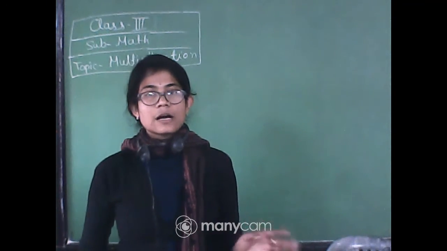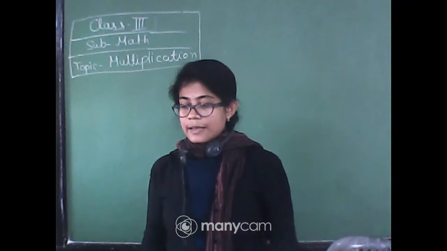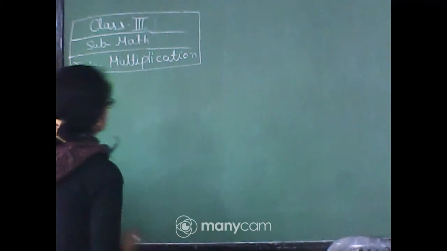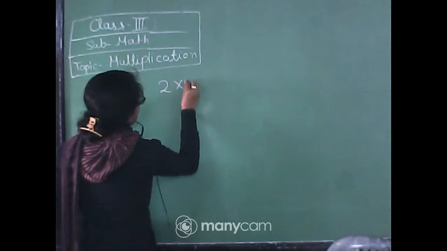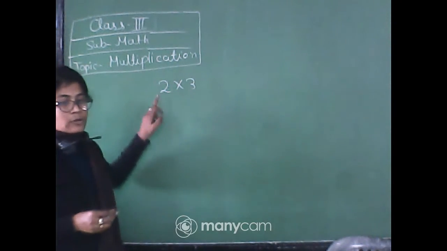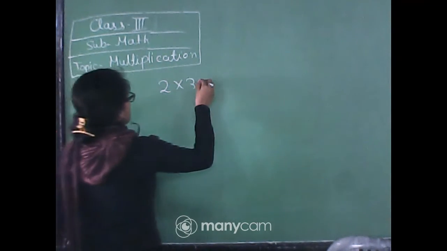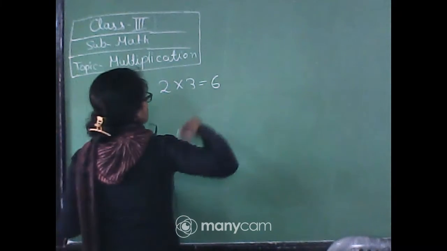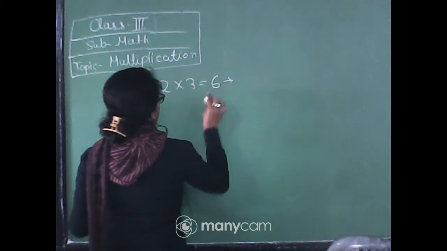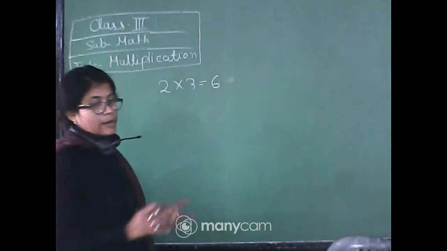So before we start multiplication, look here: 2 into 3. 2 into 3 is 6, isn't it? This is called 2 into 3 equal to 6.